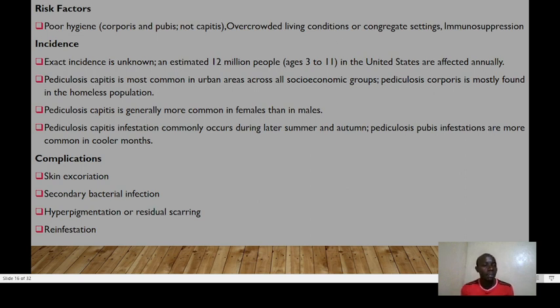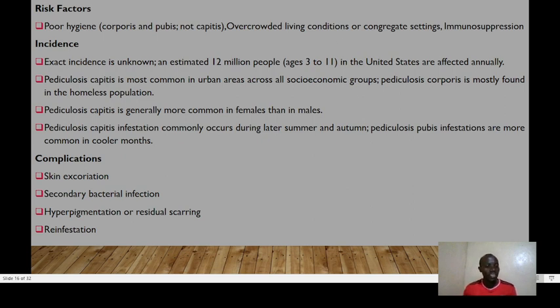Pediculosis capitis is generally more common in females than in males. Pediculosis capitis infestation commonly occurs during late summer and autumn. Pediculosis pubis infestation is more common in cooler months.